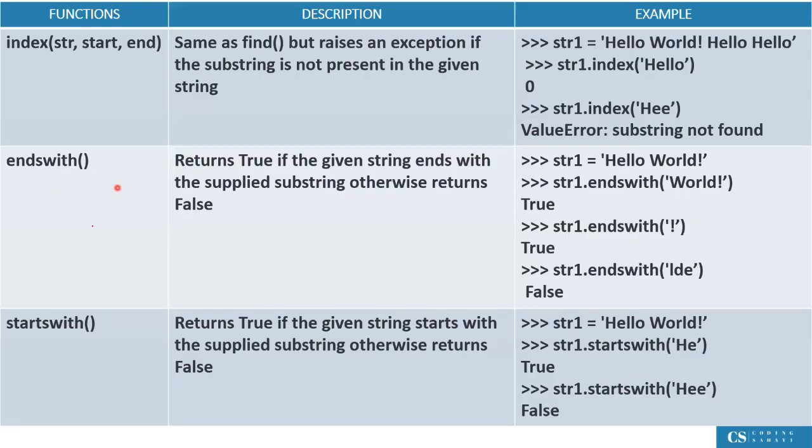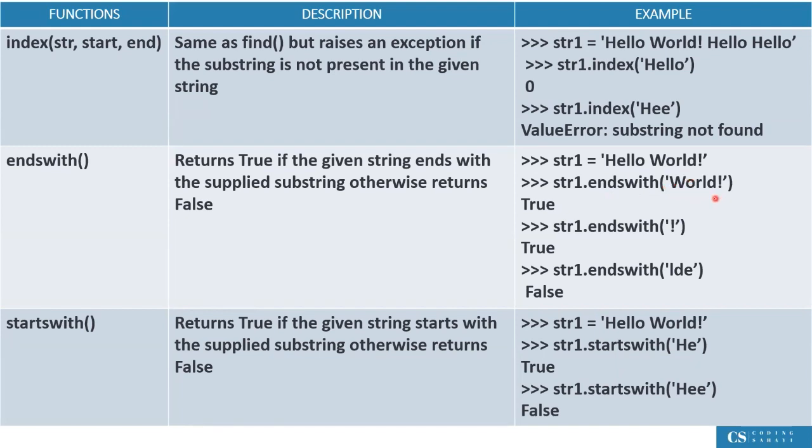Now we have endswith and startswith. Endswith returns true if the given string ends with the supplied substring. For example, str1 is equal to "hello world!", and here I am giving str1 dot endswith "world!". The last value of str1 is "world!", so it is checking whether the string ends with this.